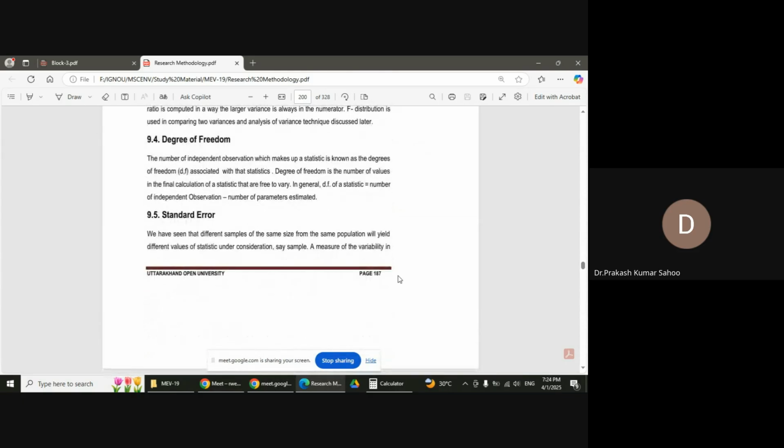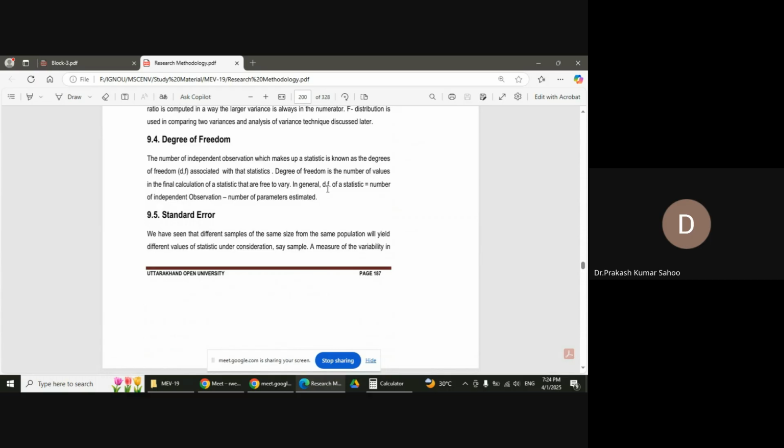Then degree of freedom, I will just read out the lines. The number of independent observations which make up a statistic is known as the degree of freedom, written as small d or small f, associated with that statistic.